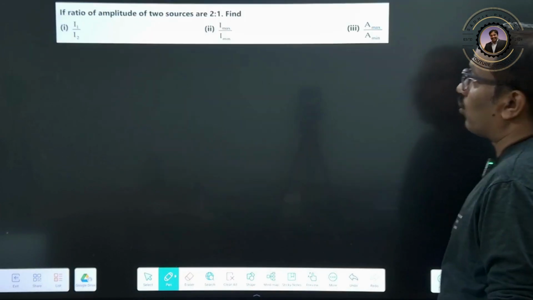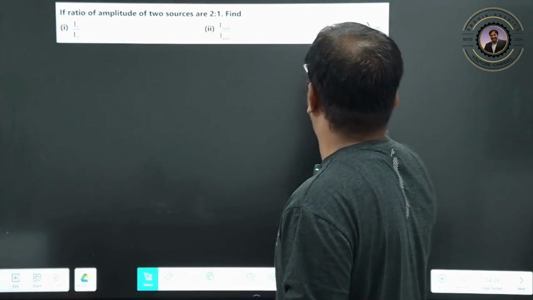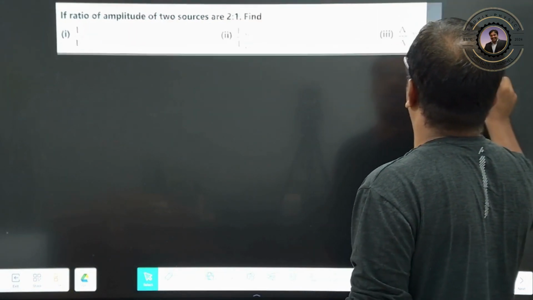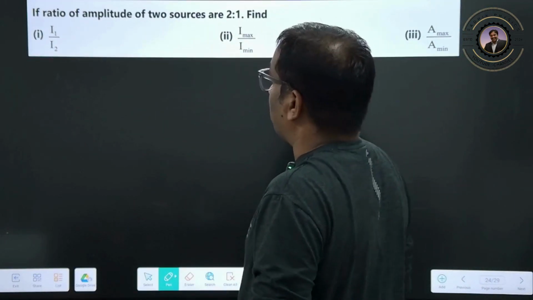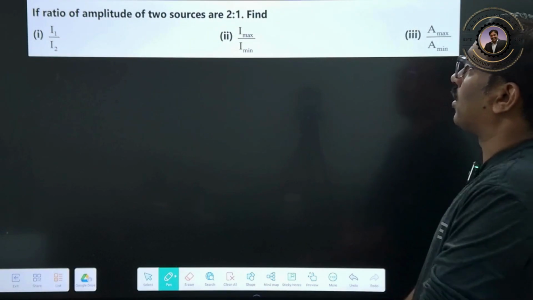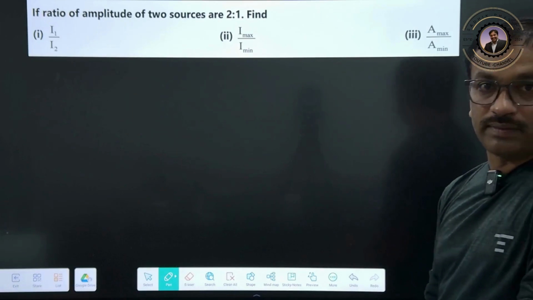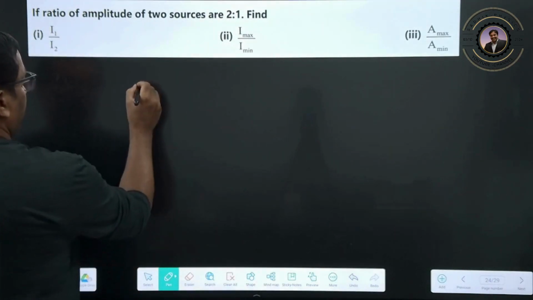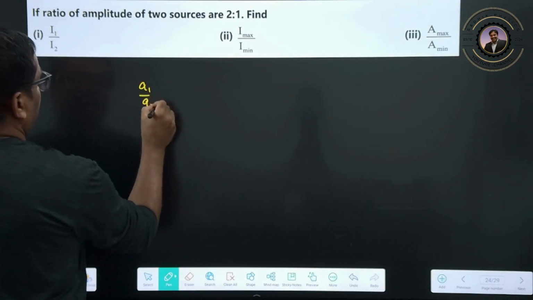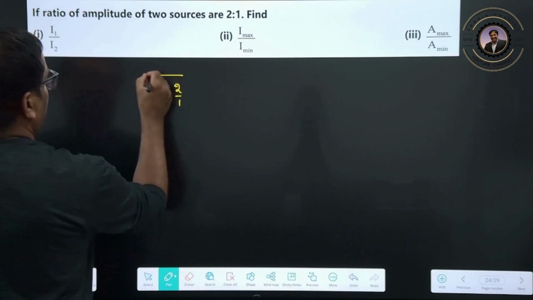Now we will go for one more question, no? The ratio of the amplitudes of the two sources is 2:1. Clear? So A1 by A2 is equal to 2 by 1.